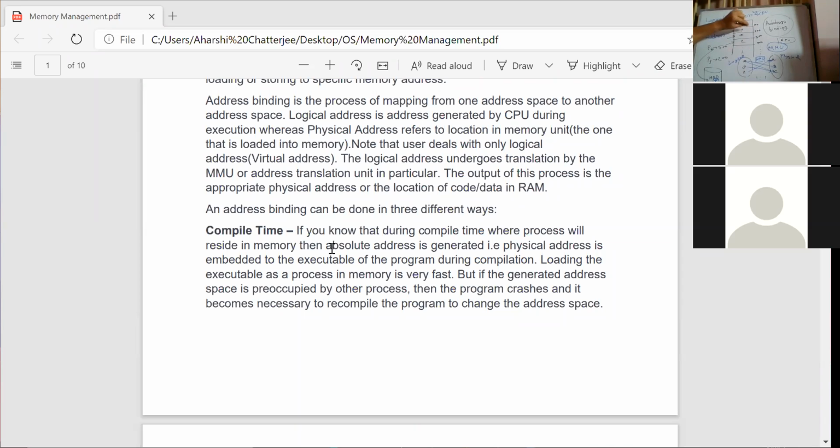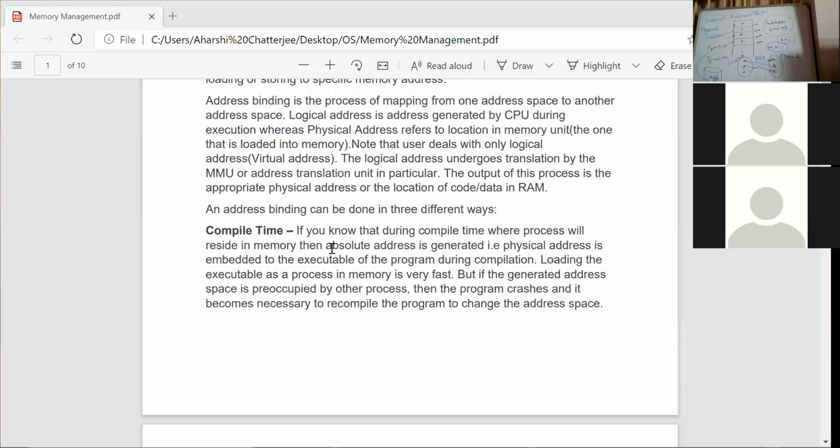So I know the absolute address of this process, that is 200 in memory. So that is basically compile time address binding. Compile time address binding says that during the compilation, you know where you have to place the process in memory. As simple as that.